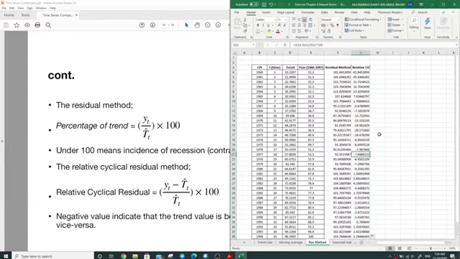For this relative cyclical residual, we look at whether the series has a positive or negative value. If it is positive, we say it is an expansion period. If negative, a contraction period, and so on.